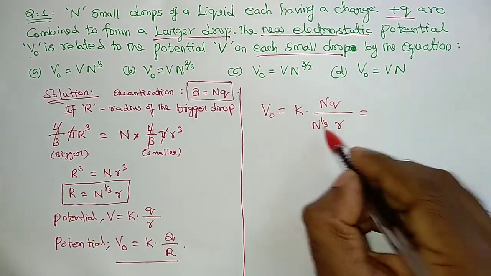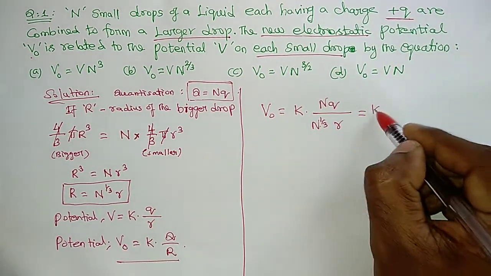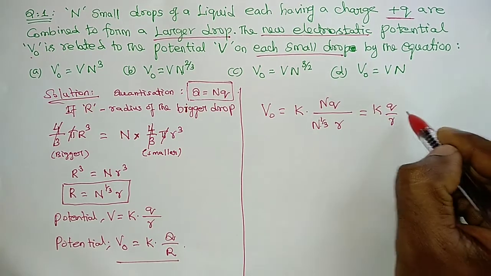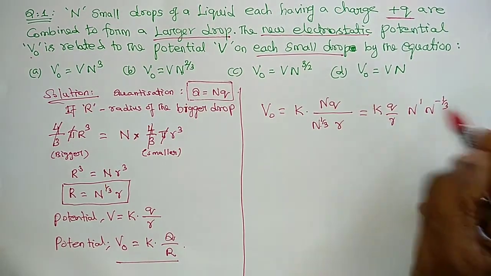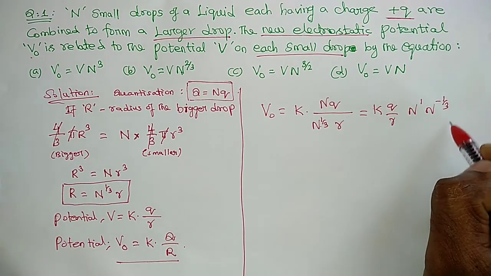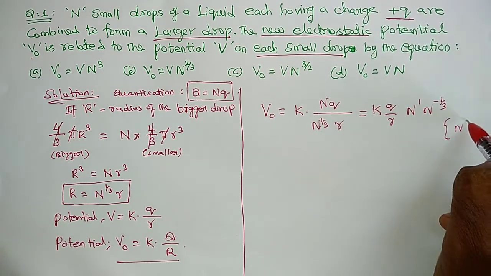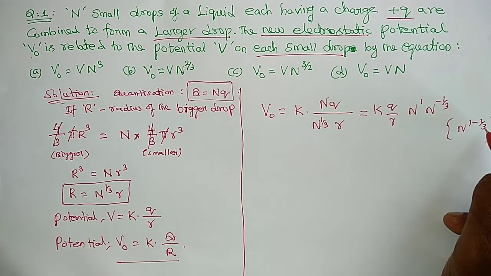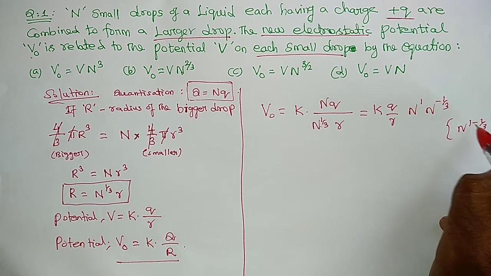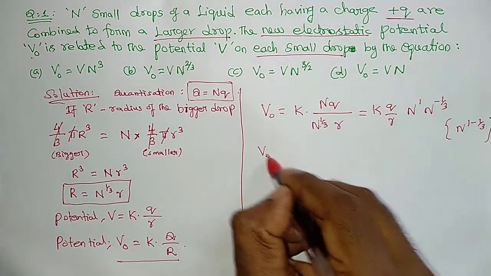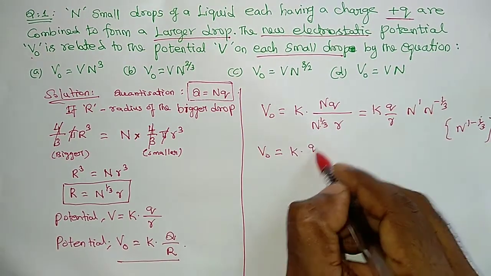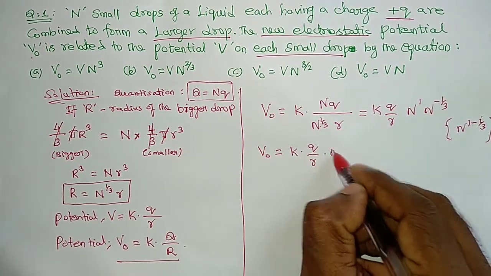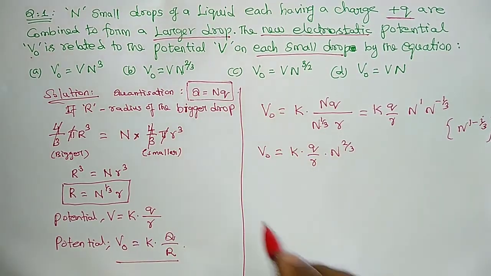What happens when this n power 1/3 goes up? So K q by r into n power minus 1/3. Now when we combine this, n power 1 minus 1/3, which is 3 minus 1 by 3, gives n power 2/3. So V0 is equal to Kq by r into n power 2/3.